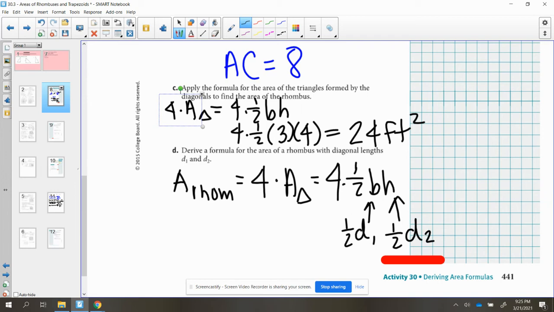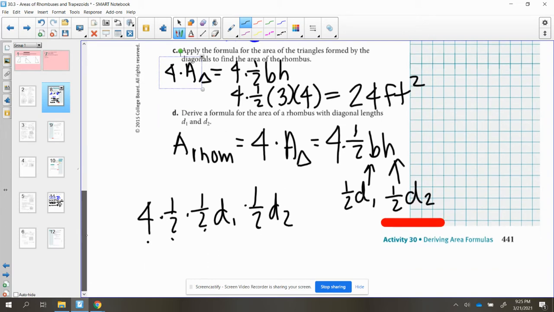So if we put this all together, 4 times 1/2 times 1/2 of diagonal 1 times 1/2 of diagonal 2, well, 4 times 1/2 times 1/2 times 1/2 ends up becoming 4 times 1/8, which is really just 1/2.